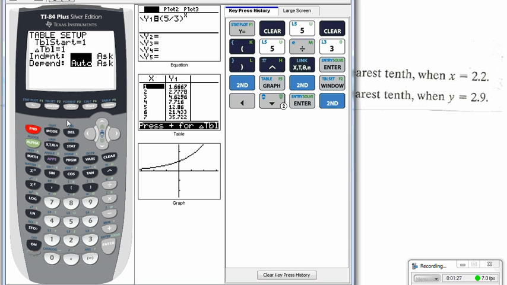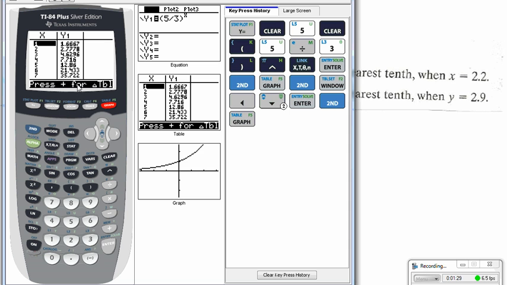Alright, once again, second table, and that's what we end up getting. Just to be more inclusive on the negative numbers, I'm just going to put it in this way.